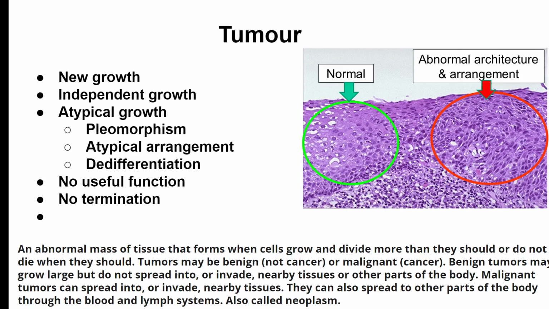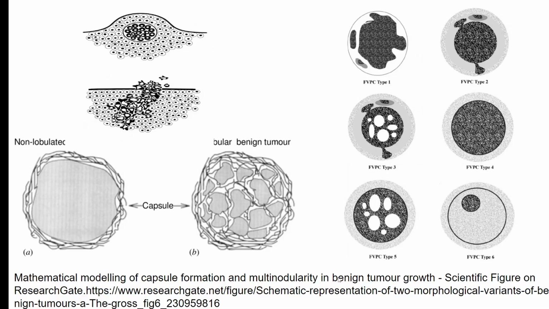Now, this dictionary definition of the tumor is very close to what Sushruta has said. Like it has a property of having no termination, it doesn't end as such, and it may have a growth which is deep inside.